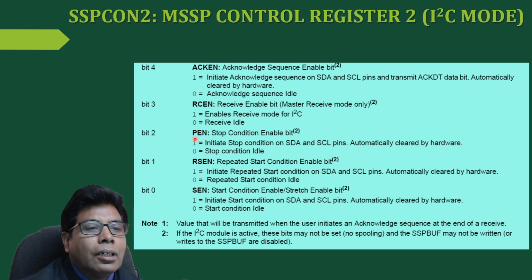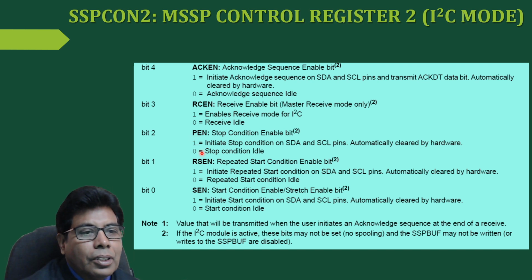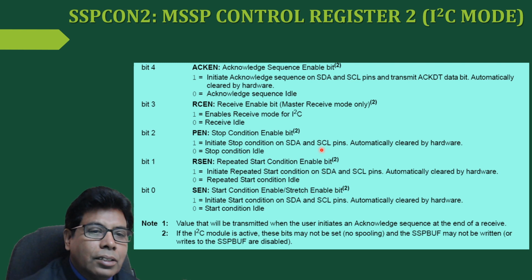P is for the stop, so the stop condition enable bit. 1 means it will initiate stop condition on SDA and SCL pin. 0 means the stop condition is idle.